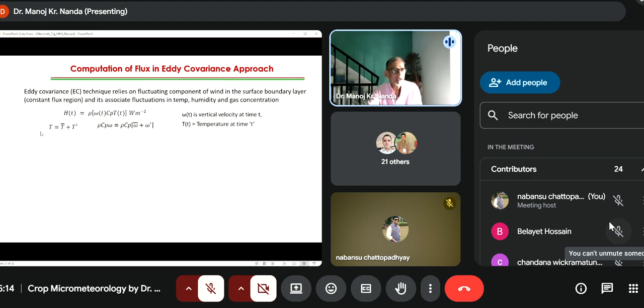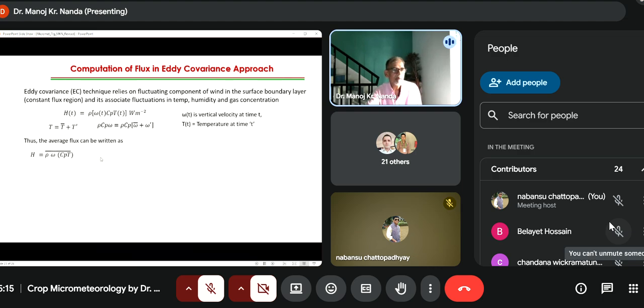Now, if you take this T in terms of average plus deviation, the instantaneous value is always the average value plus the deviation. So if you resolve it this way, this T is your T bar, that is your average value, plus T dash, the deviation. And similarly in the case of omega also, omega bar and omega dash.